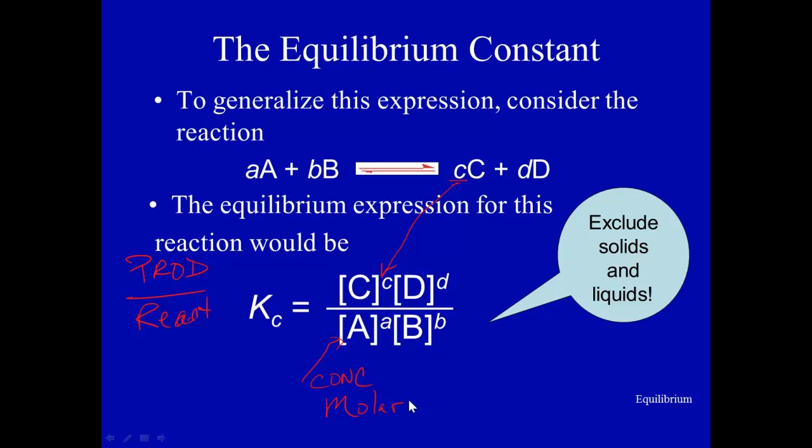Notice right here, I gave us a Kc, so that means I am talking about an equilibrium constant for concentration. Now, when we write these equilibrium constants, we are always going to exclude solids and liquids. This is huge. That's a really important point to memorize.